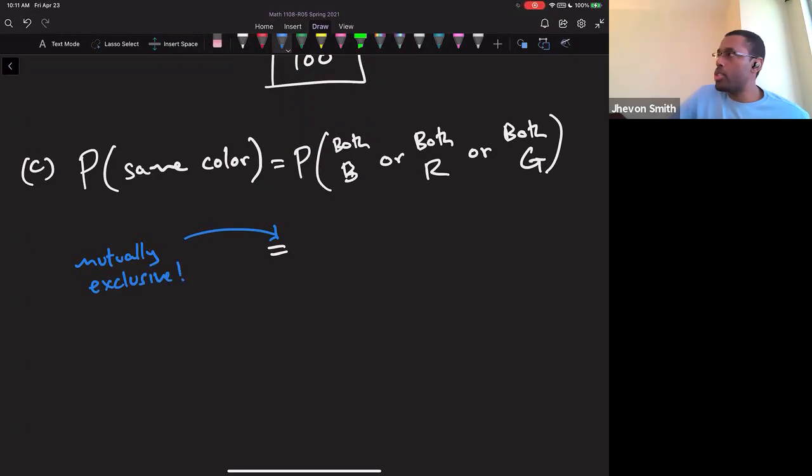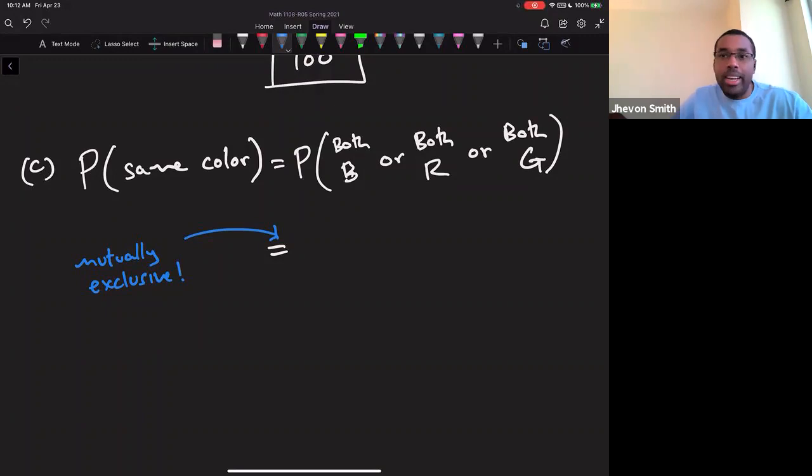Why? Well, you can't pick two blues and two reds because that would mean you made four choices, right? And you can't pick blue two times and then red two times and then green two times because that means you made six choices. Like they can't happen together. You either make the choice where you got two blues in a completely different universe, completely separate. You chose two reds, completely different universe, completely separate.